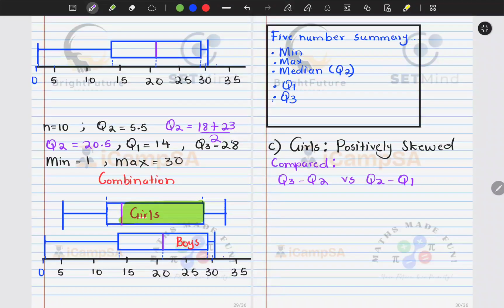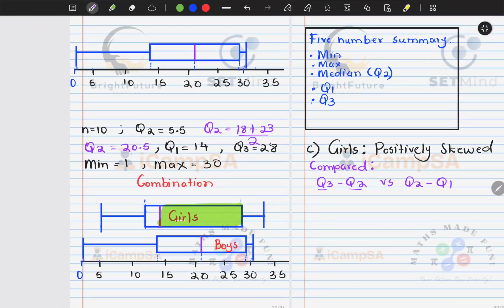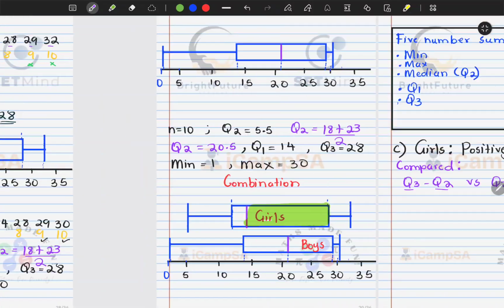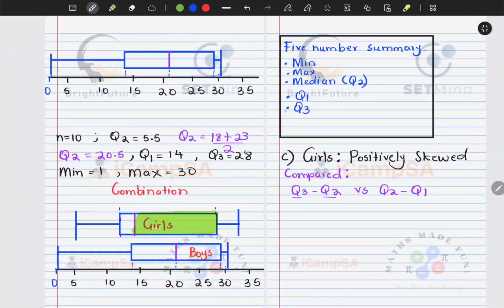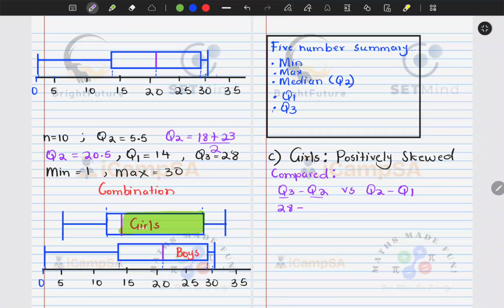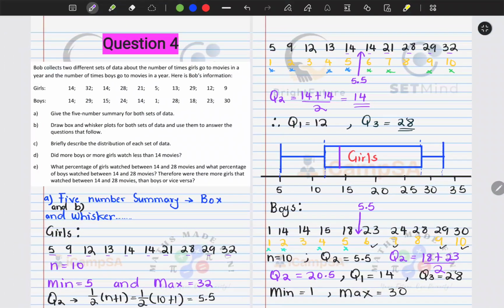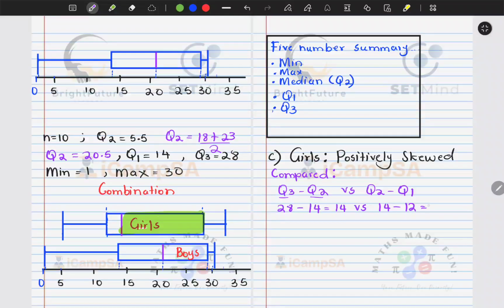Now, if you look carefully for the girls, if we do Q3 minus Q2, our Q3 is 28, what is our Q2? 14. So for the girls, what we would have is 28 minus 14, which would be equal to 14. And this will be versus 14 minus our Q1, which is 12, which would be equal to 2. So if you observe carefully, you have 14 versus 2.